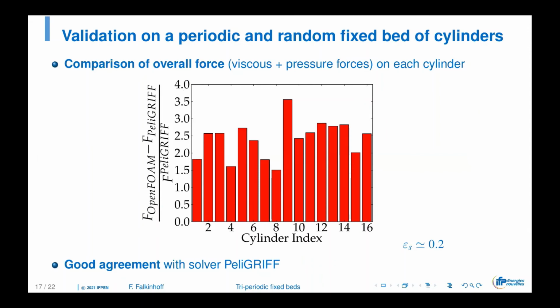You have the 16 cylinders on the x-axis, and on the vertical axis the difference, in percentage, of the force between OpenFOAM and the PeliGRIFF solver. We are again in fairly good agreement with this solver, which is nice for us. Just one remark: in this case, the solid volume fraction is about 0.2, so 20%.